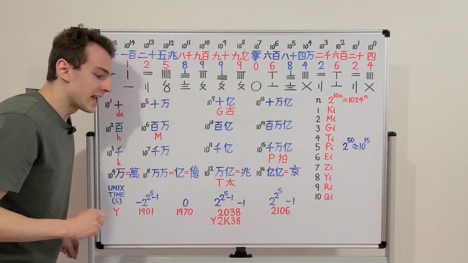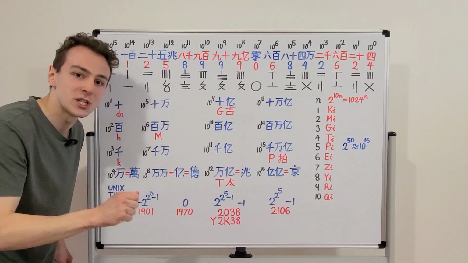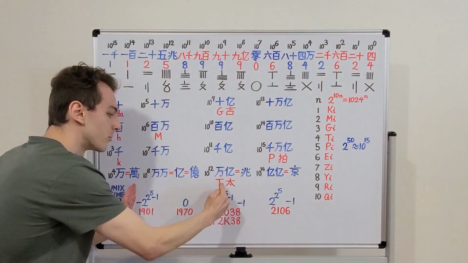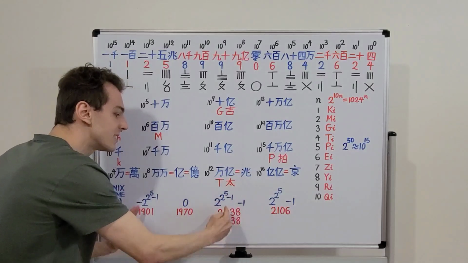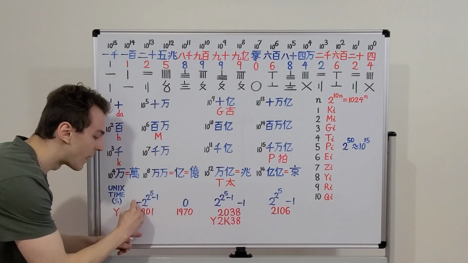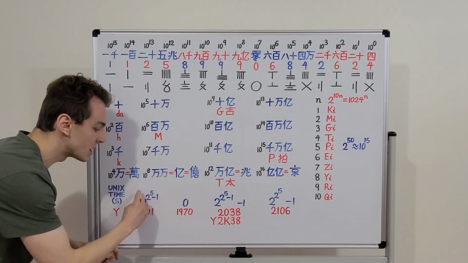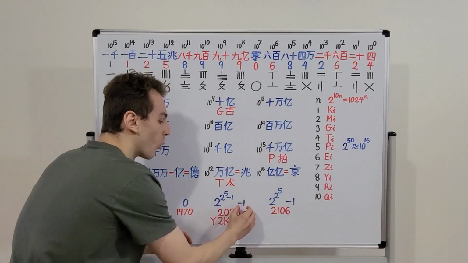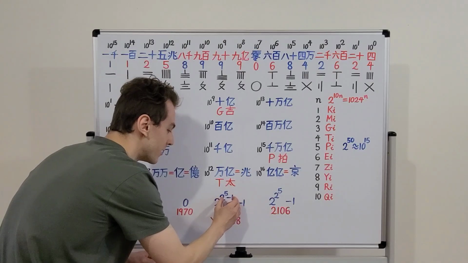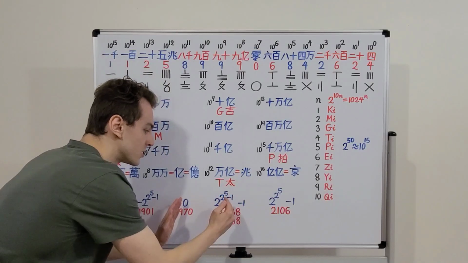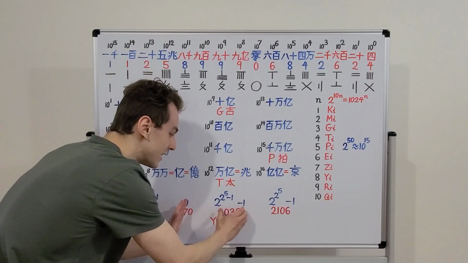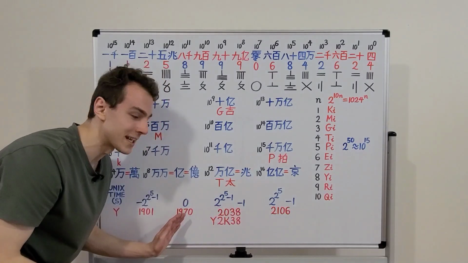So if we use a signed 32-bit integer, then we can store all the values in this interval. So for a signed 32-bit integer, we can store values from minus 2 to the power of 31 all the way to 1 less than 2 to the power of 31. So from 0 to this value over here, we have approximately 2 billion seconds.